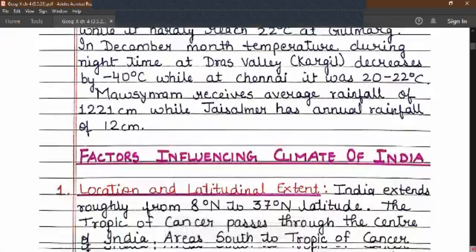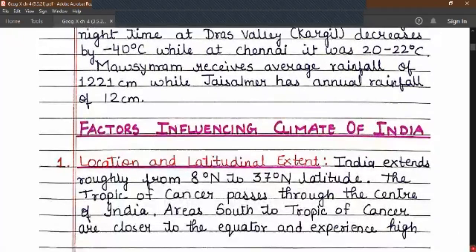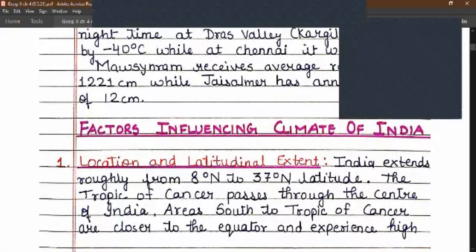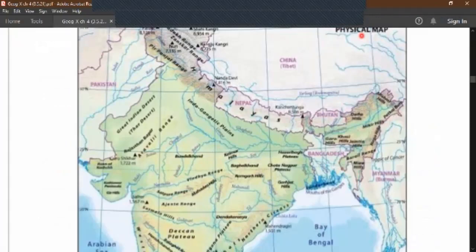Now children, we will discuss the various factors influencing climate of India. So the first factor is location and latitudinal extent of India.